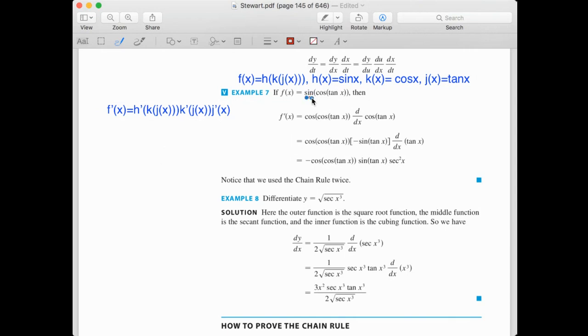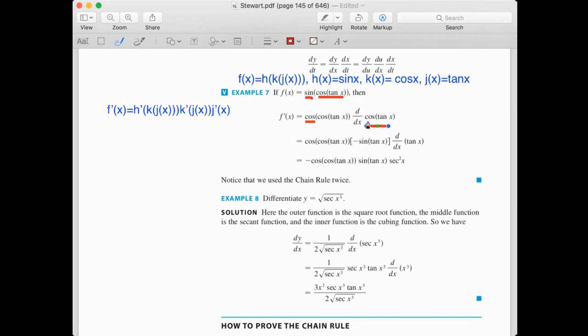So sine, very outside one, derivative is cosine. Do not change its angle. The angle of sine is cosine tangent x. Do not change inside. So have this cosine, don't change its angle. The angle stays the same. Then take a derivative of its inside. So derivative of cosine tangent.